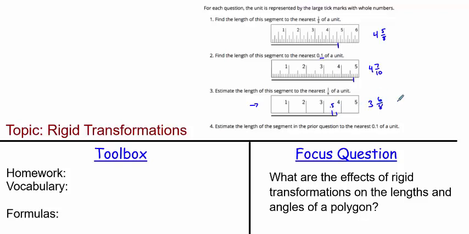So I could say 3.75, 3 75/100, 7/10 and 5/100. Or if I were to estimate to the nearest tenth, like it wants me to here, I would have to say either 3.7 or 3.8, I think would work in that situation.